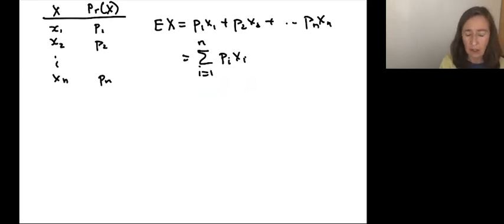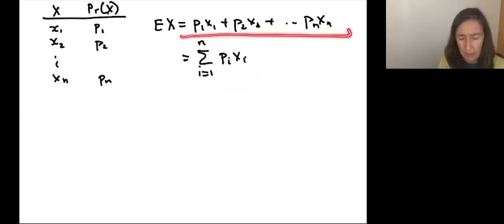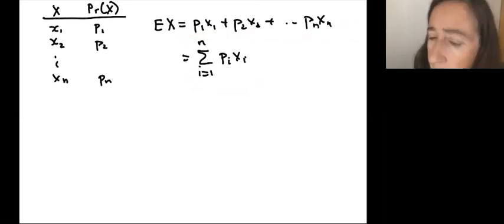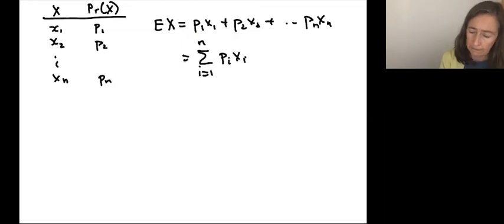If you don't like the summation, you can always just write it out like that. And if you feel like one of these summation signs is staring you down in a way that you don't like, you can just slay that dragon by writing out the terms. All right. Comments on expected value. Again, stuff I think I talked about in a little more detail in the math camp lessons.